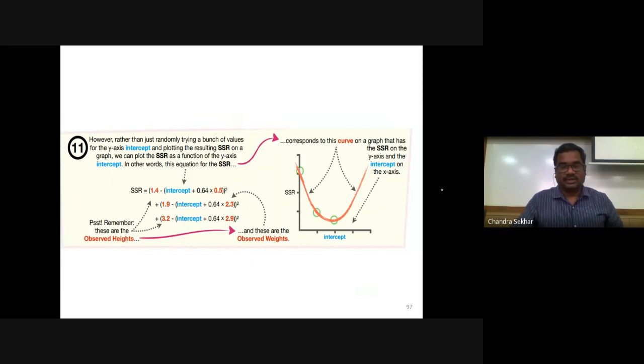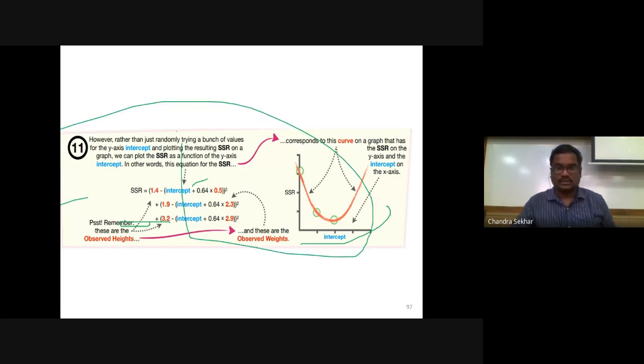So what we are doing, when we choose intercept equal to 0, we are plotting a curve here. When we choose 0, we are plotting a value.